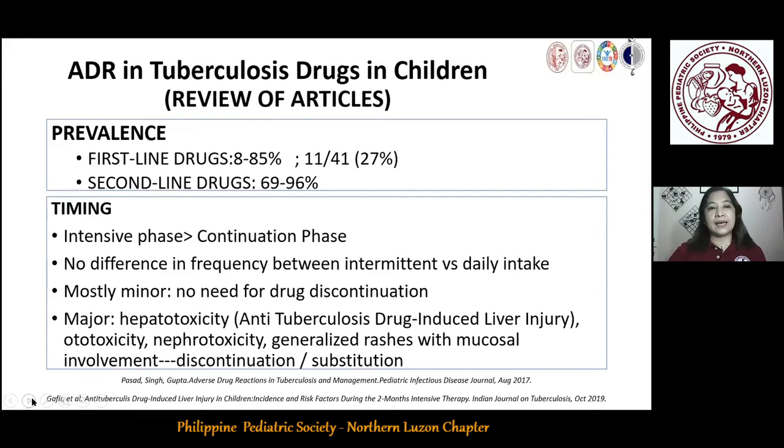Most of these reactions were minor, but more importantly, ADRs can also be major, in the form of hepatotoxicity, hence the term anti-tuberculosis drug-induced liver injury, ototoxicity, nephrotoxicity, and the like. Generalized rashes with mucosal involvement, such as SJS, are considered major. Hence, we need to discontinue the drug and at the same time admit these patients, and then meanwhile start substituting.